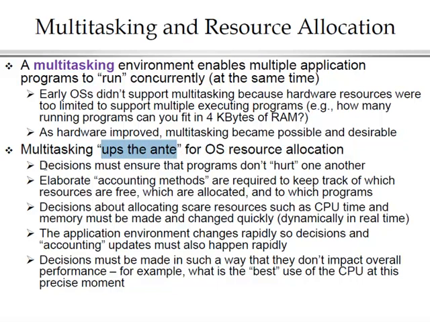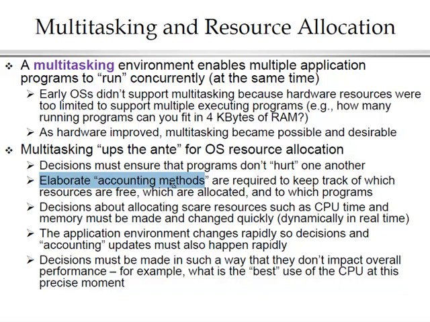Some examples. Now when the operating system makes resource allocation decisions, it has to be concerned about whether programs are interfering or hurting one another. With respect to all the various resources, be they open files, pixels on the screen, CPU cycles or memory blocks, we need fairly elaborate accounting methods to keep track of which resources are currently unallocated, which ones are allocated, and to which programs they are allocated.